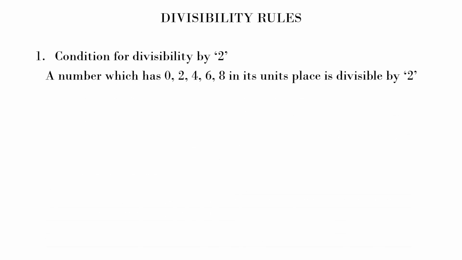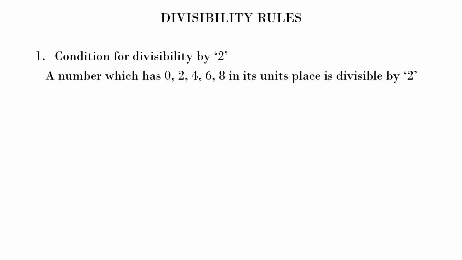First one is the condition for divisibility by 2. Any number that ends with 0, 2, 4, 6 and 8 is divisible by 2. So a number that has 0, 2, 4, 6 or 8 in its unit place is divisible by 2.